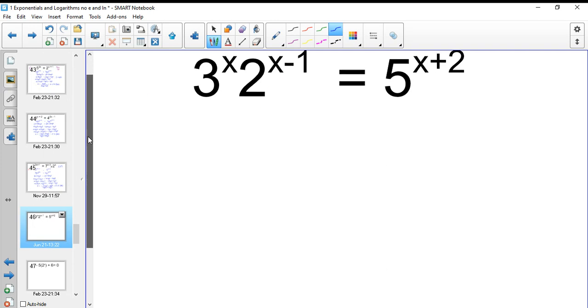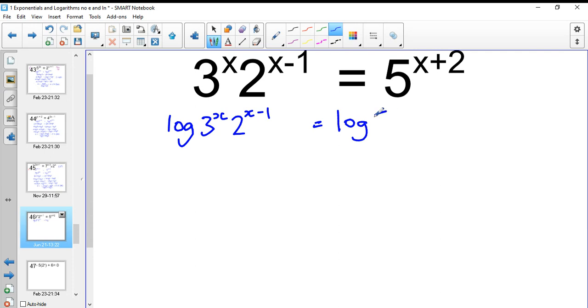So in this instance, all we can do is take logs, and I'm going to take logs of all of that. So I'm treating that as one term. I can't stick a log in here and stick a log in here. That's breaking the law.